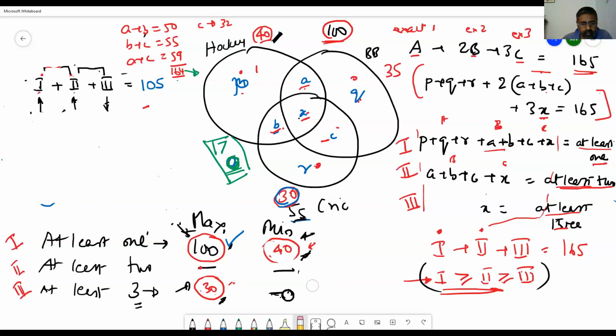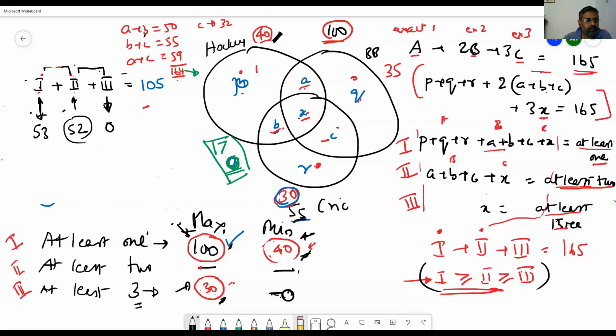For a maximum value, this should be maximum, and the other 2 should be minimum. Here the minimum you can take as 0. So this should be 53 and 52. This is the maximum value possible, and the maximum value possible is 52.